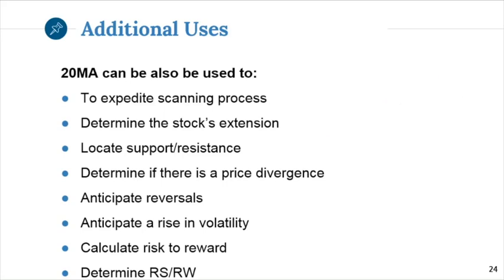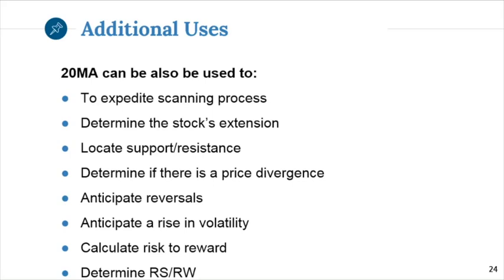And finally, you can use it to determine relative strength or relative weakness. For example, if you put two stocks next to each other on the same time frame, and the market is trading above the 20 MA on the 5-minute chart, and the stock that you're considering playing long is not trading above the moving average on the 5-minute chart, then you know your stock has relative weakness to the market.